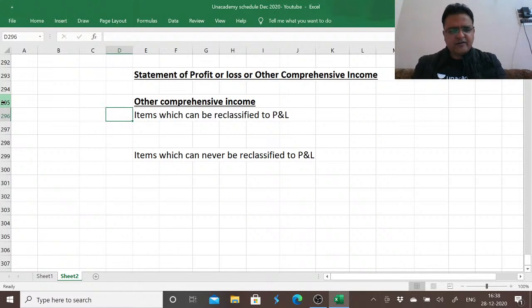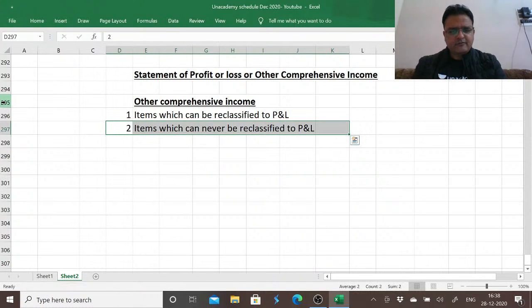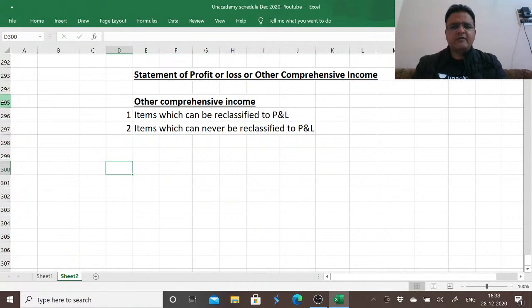So when I say they are classified into two categories: one, items which can be reclassified to P&L, and two, items which can never be reclassified to P&L. First we'll have a look at the items which can never be reclassified to P&L.